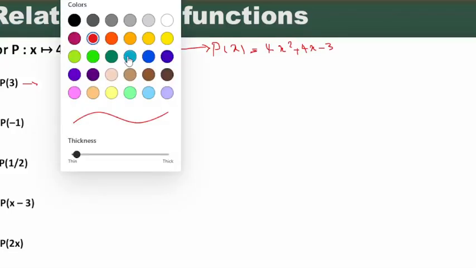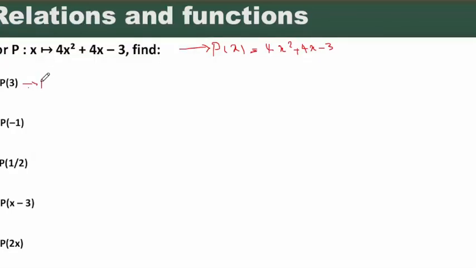So p of 3 would be, I should substitute 3 in this expression, so it would be 4 times, and instead of x, I put 3 squared plus 4 times 3 minus 3.